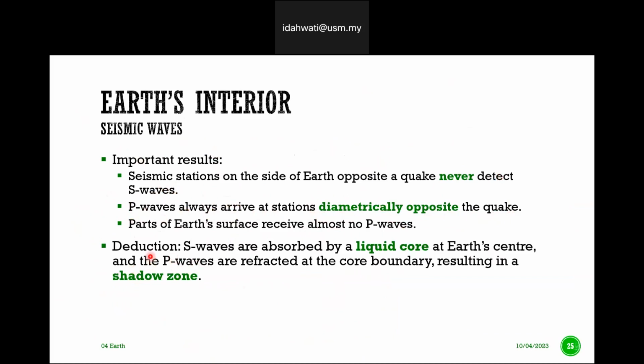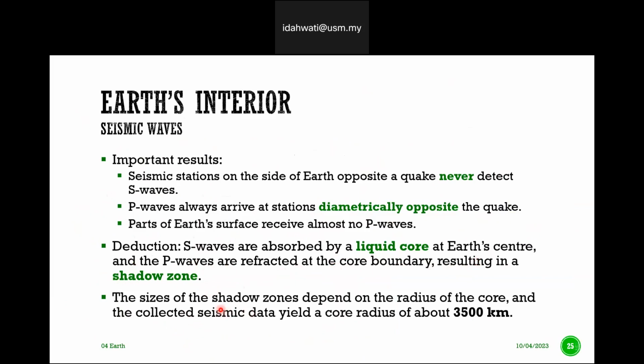So the deduction is that the secondary waves are absorbed by a liquid core at the Earth's center and the primary waves are reflected at the core boundary, resulting in a shadow zone. The size of the shadow zone depends on the radius of the core, and the collected seismic data yield a core radius of about 3,500 kilometers.